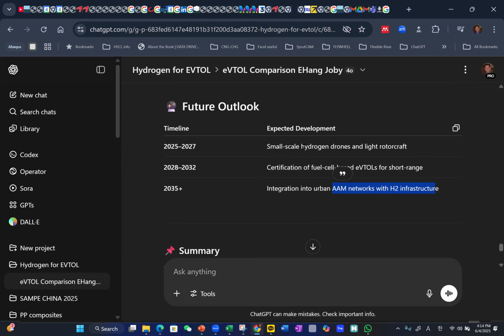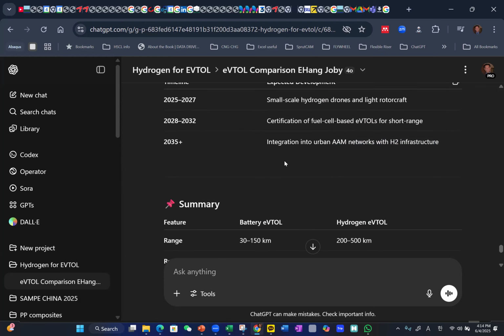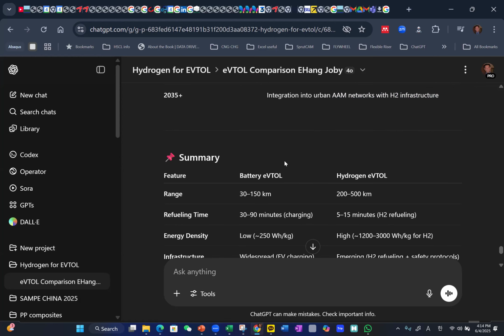But once the hydrogen power systems are fully developed and commercialized, eVTOL will use hydrogen rather than battery or hybrid systems. So this is a very important factor why we need to develop hydrogen systems.